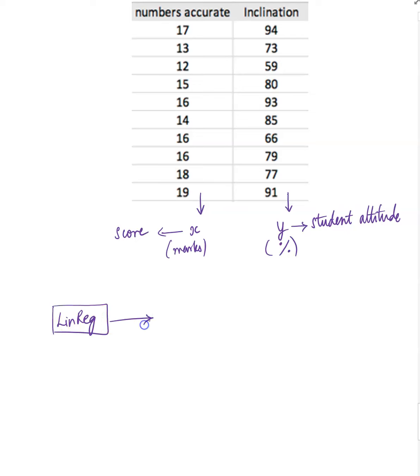When you hit the LinReg, you get Y. It first says Y equals AX plus B, right? You see that statement there. And then it says A equals 3.17924523, and B is given to be 30.10377358.